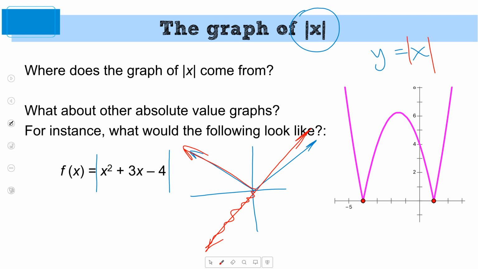And which is why the absolute value of x squared plus 3x minus 4 is that parabola with the bottom of it flipped over on top. If there's nothing below the x-axis, then it doesn't affect the graph at all.